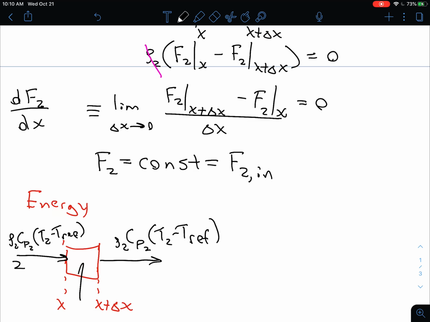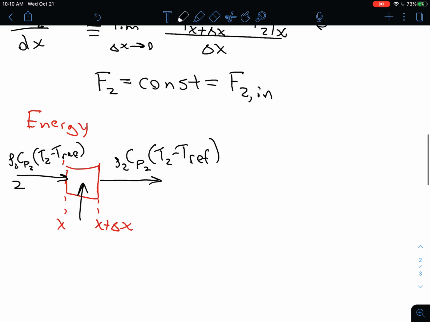And then also remember that you have an input of energy. You could call it, actually, let's call it an output. I think we were assuming that stream 2 was the hot stream. So this is going to be H times some surface area of contact.